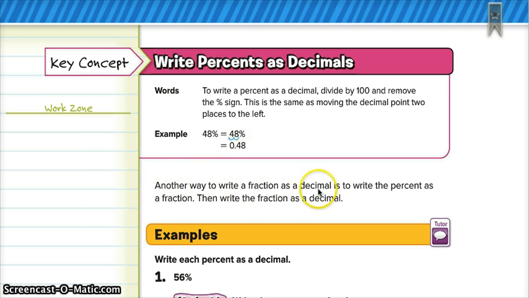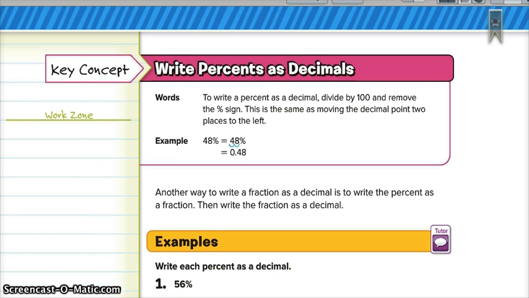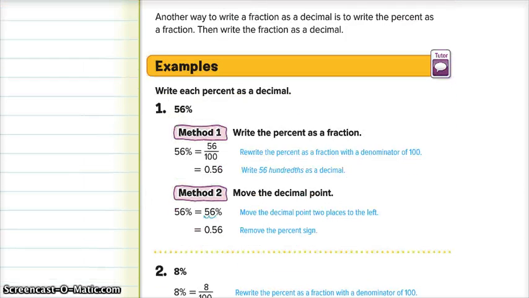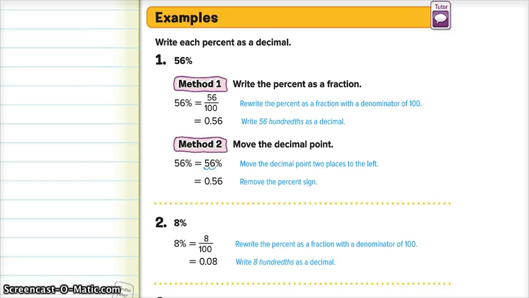Another way to write a percent as a decimal is to write the percent as a fraction. Then write the fraction as a decimal. So whichever you're more comfortable with, you can use either strategy. Go ahead and take a look at the first 2 examples where they are showing you how to write each percent as a decimal.